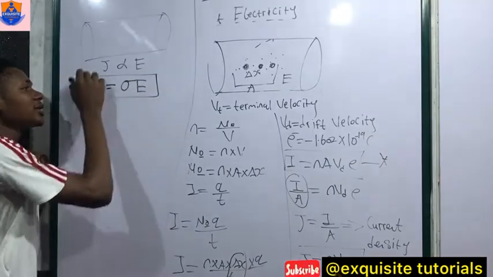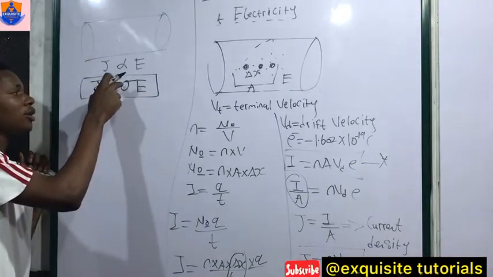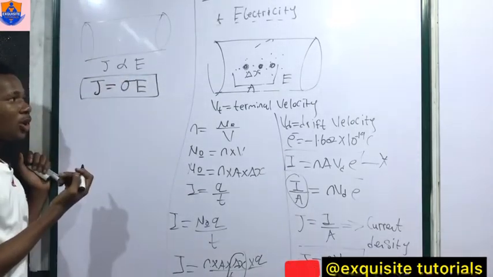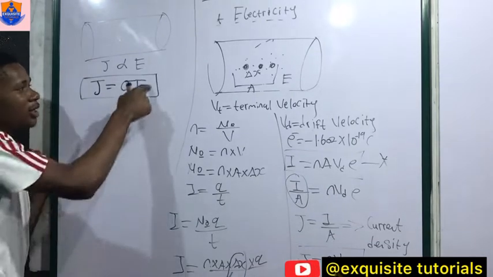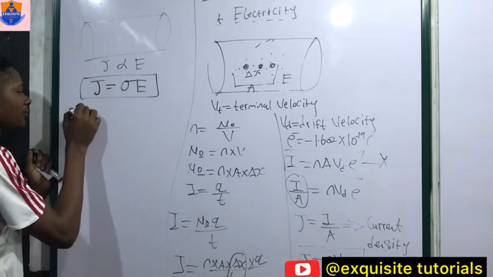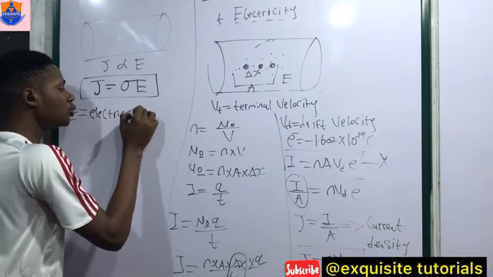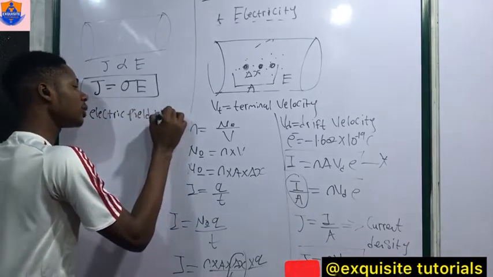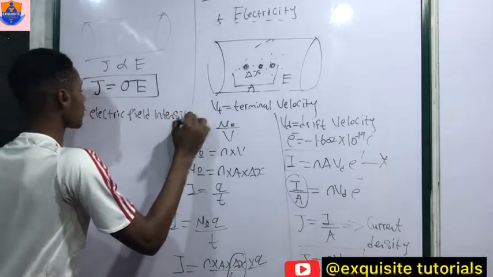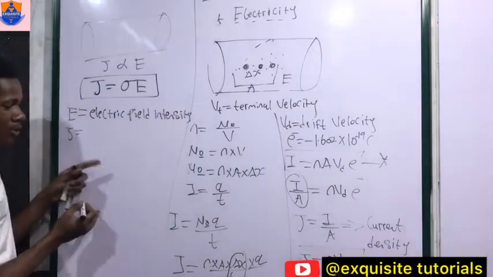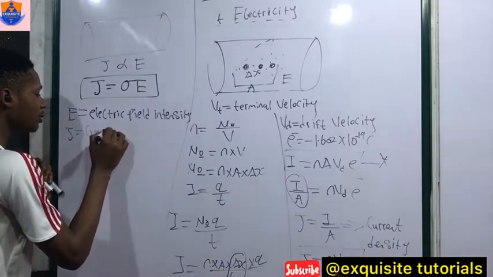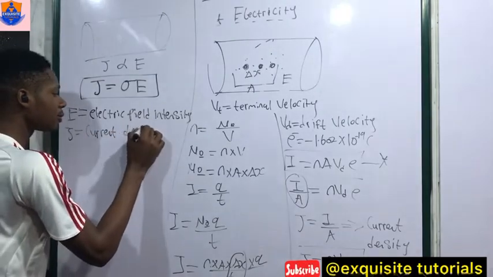So current density is equal to sigma times E, where they have their respective meanings. E is the electric field intensity, and J represents the current density.